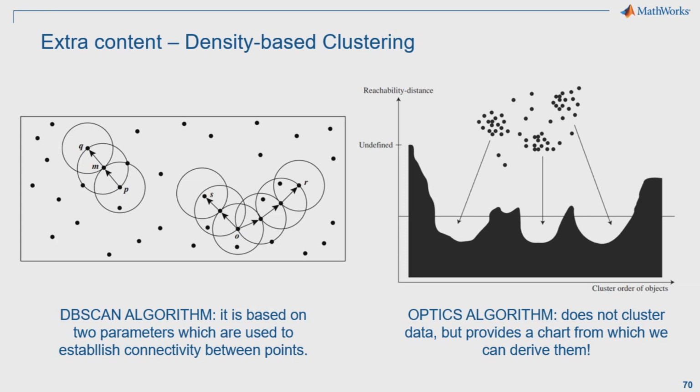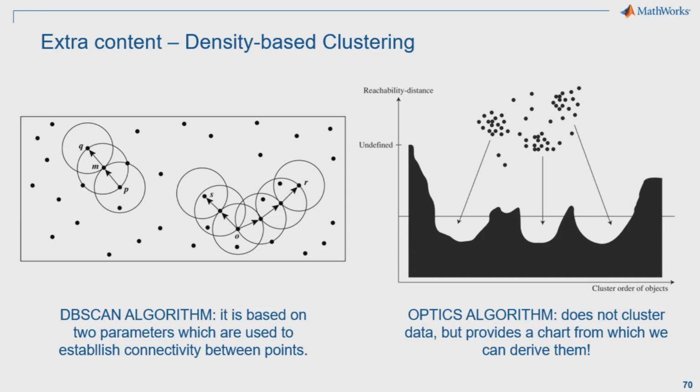So there's another algorithm which works pretty similar to DBSCAN. In particular, the same metrics regarding the connectivity are evaluated in both algorithms, but OPTICS does not need the choice of parameters.